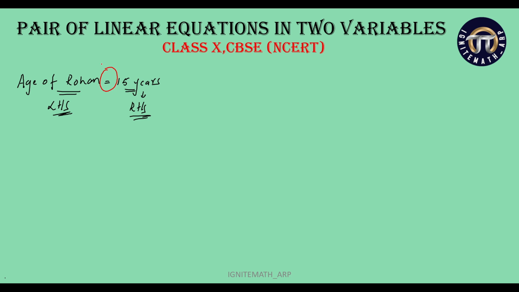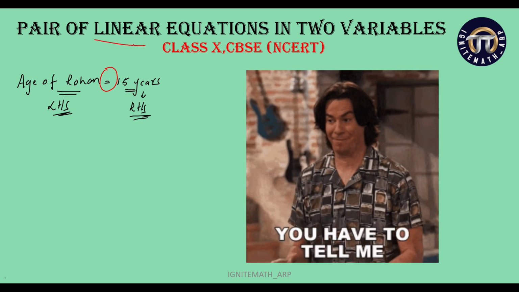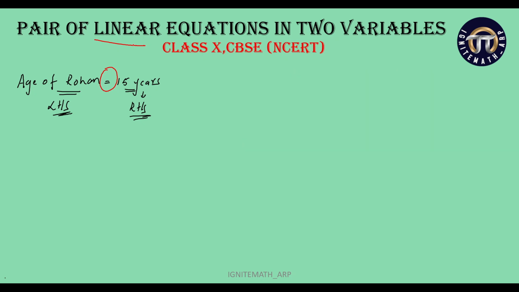Then the question arises, what is a linear equation? Clear children? Right. So it's not so new to you. Almost all of you are familiar with linear equations. I just write one equation over here: x plus 2 is equal to 8. This is called a linear equation in one variable.